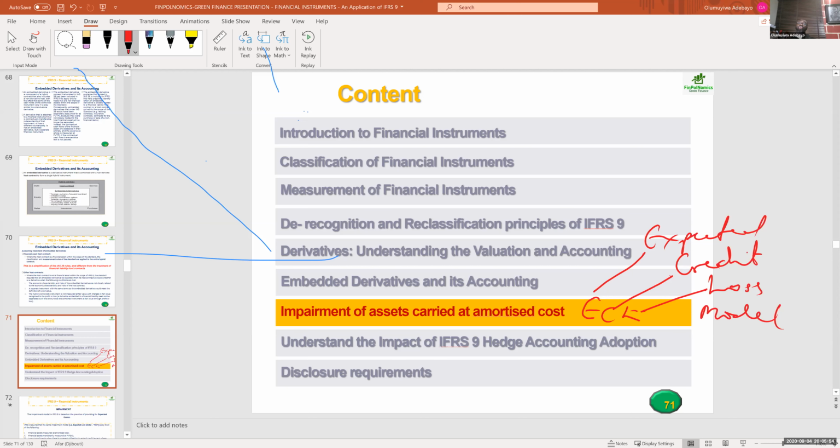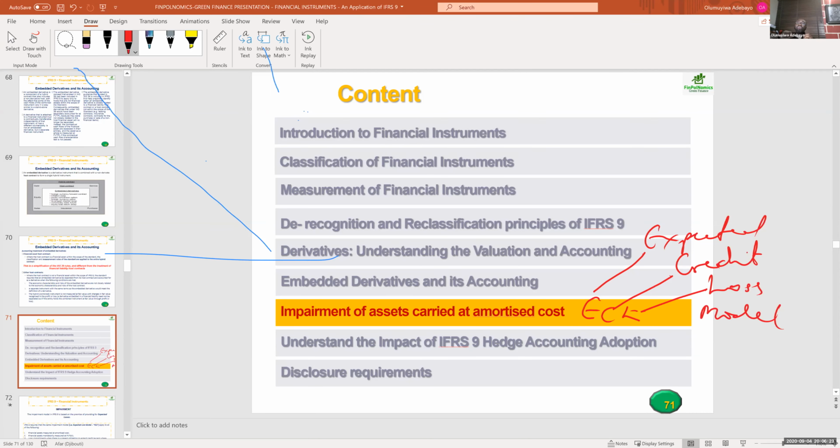And also, we should anticipate, based on various factors, the likelihood that we will suffer a loss. And those factors include our historical experience. Those factors include our current condition, macroeconomic variables, conditions associated with the borrower, and also future expectations.